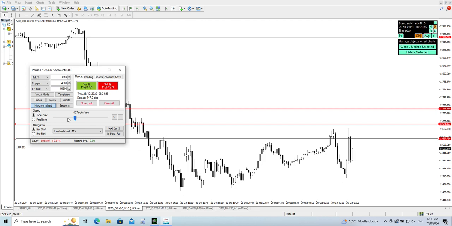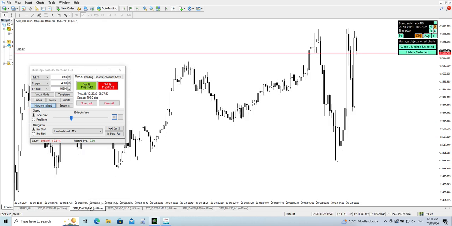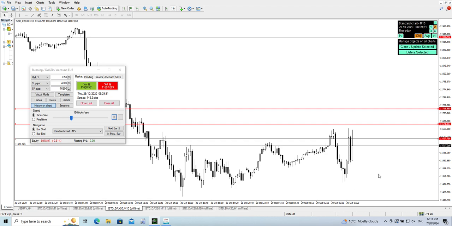Oh, this is taking far too long. Look, complete reversal. And that is why we wait for candle lows to be broken. Pretty basic, but it's really important, I think.